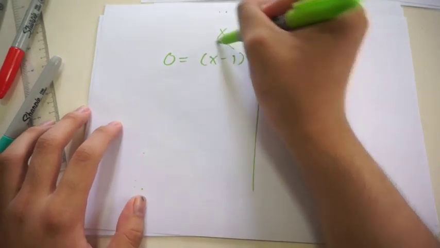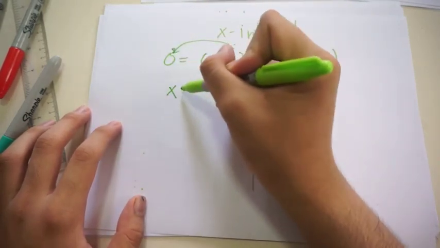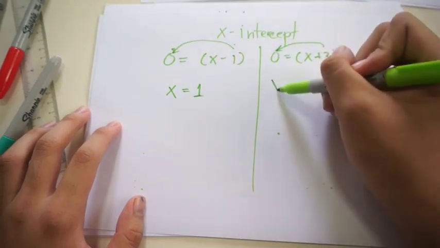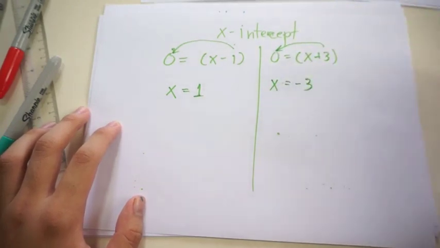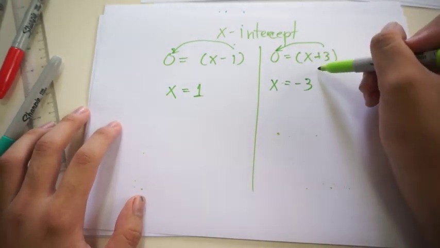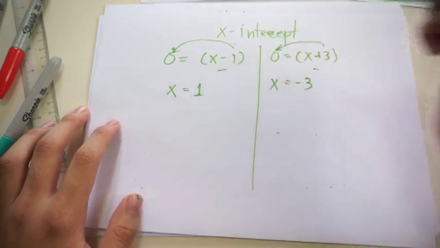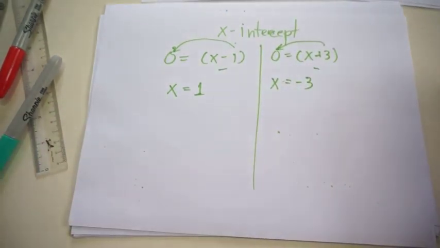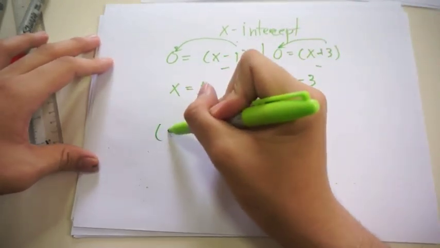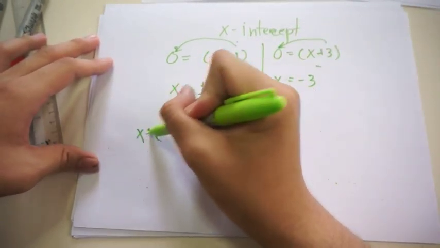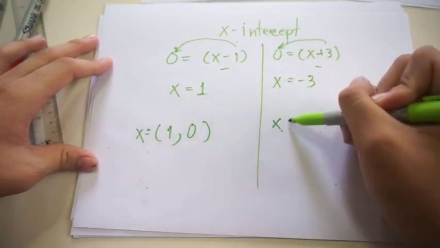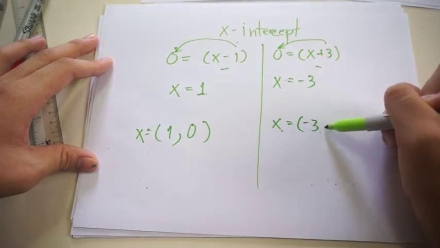We move 1, so x will be equal to 1. We move 3, x will be equal to negative 3 because it will always turn this to the opposite symbol. So we will have x equal to 1, 0 and x in the negative 3 position.